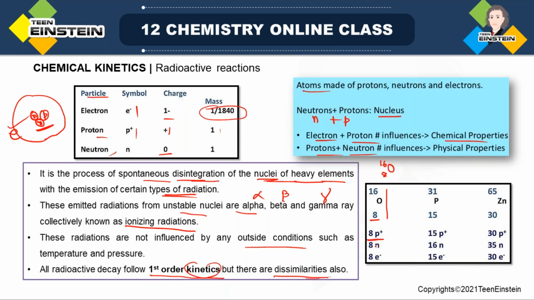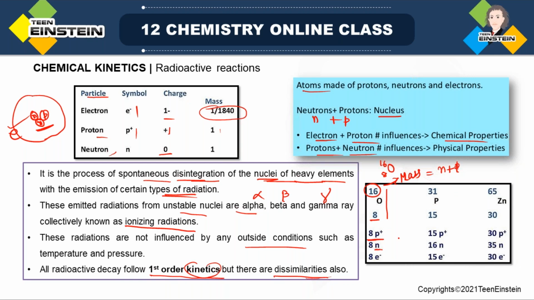So there are 8 protons, p plus, and here it is mass. Now mass is basically the total number of neutrons plus protons. You know the number of protons, and total mass is 16. That means 16 minus 8 will give you the number of neutrons, 8 and 8 both.